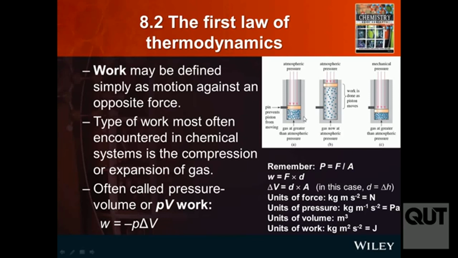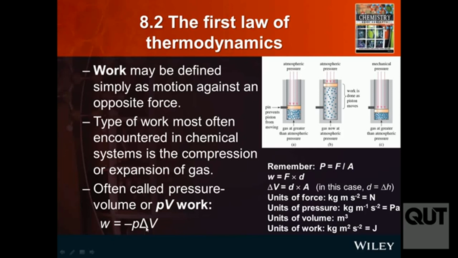So if we have a gas at greater than atmospheric pressure, it's going to push the piston up until the gas pressure and the atmospheric pressure are the same. And that's called PV work. When you do PV work, or pressure-volume work, the work is defined as minus P delta V.